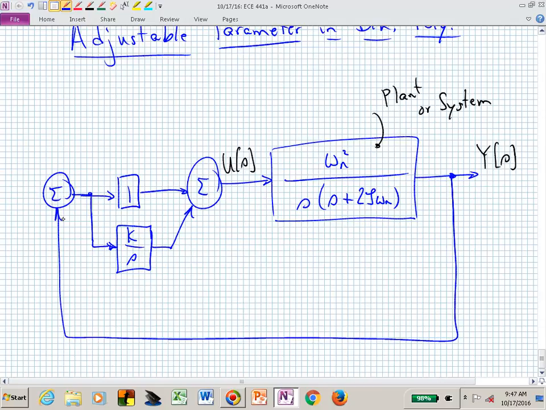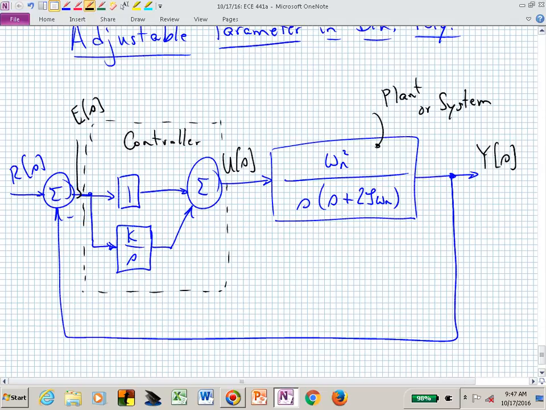Then we will compare that output that results with our input R, and this, that's in the dashed box, is our controller, which is going to take this error signal and filter it by, one, pushing it through directly with a gain of 1, I should say, passing that through, and then adding to that the error.